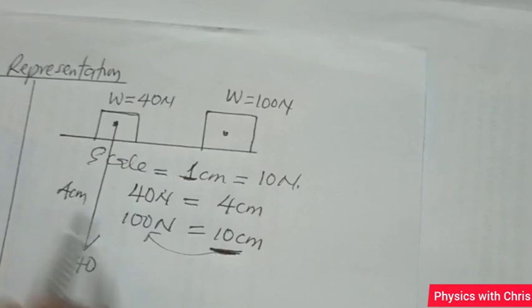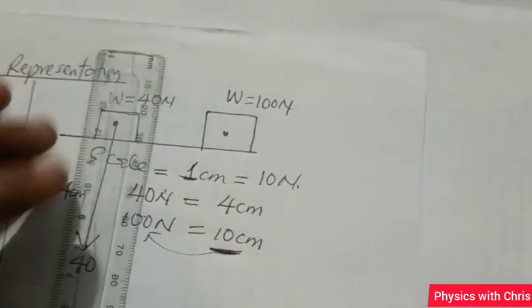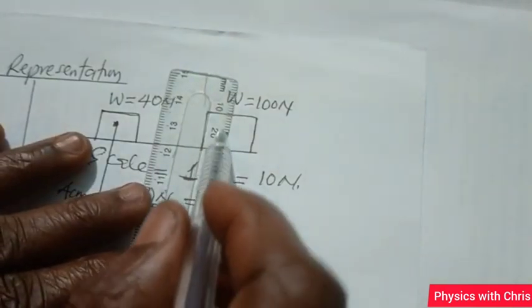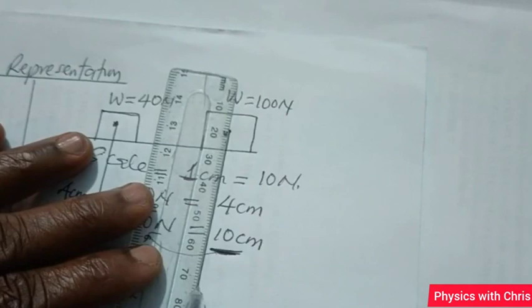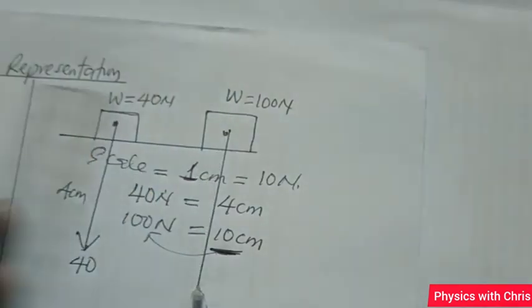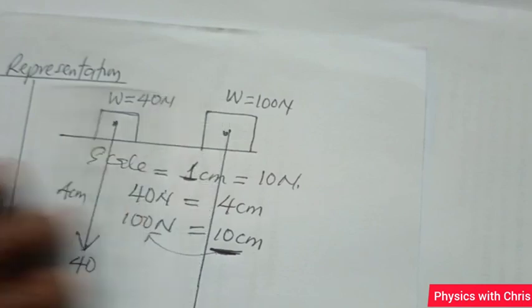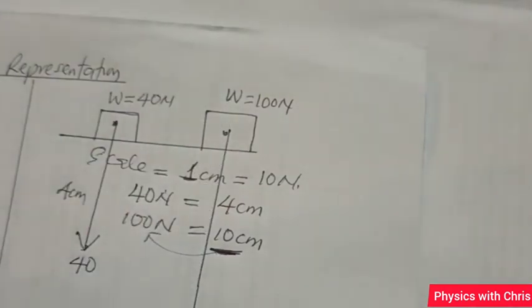And then I will draw another line from the center of gravity of my second mass, and I must be careful that the length of this line is 10 centimeters. So the length of this line is used to represent the weight of this body, which is 100 Newton.